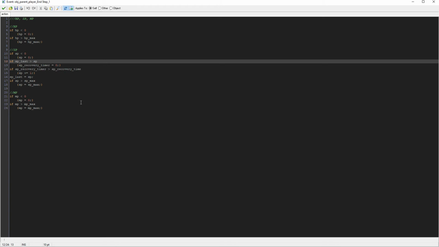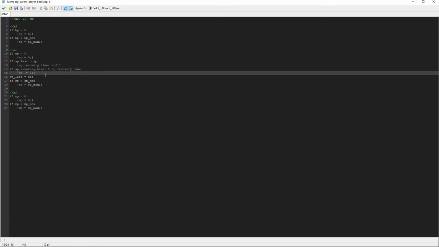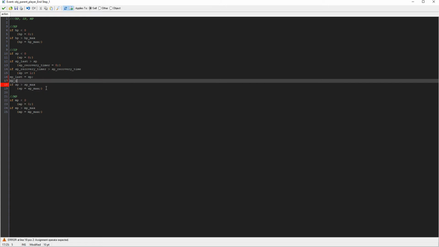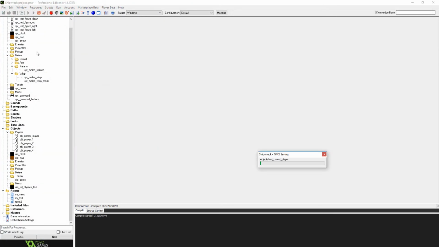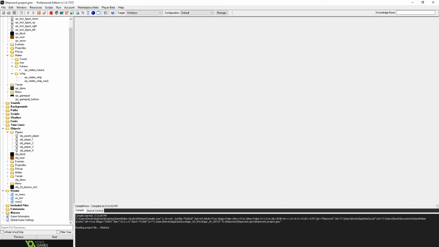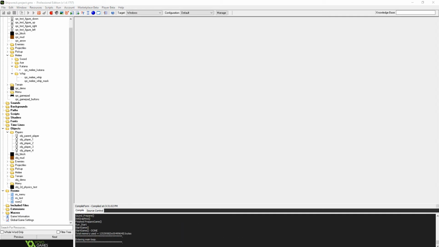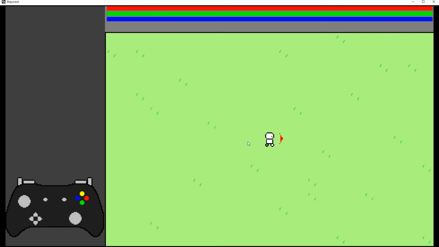If SP last is above SP, then the recovery timer goes to 0. Oh. That's what I was missing, actually increasing the timer. Running around. There we go.